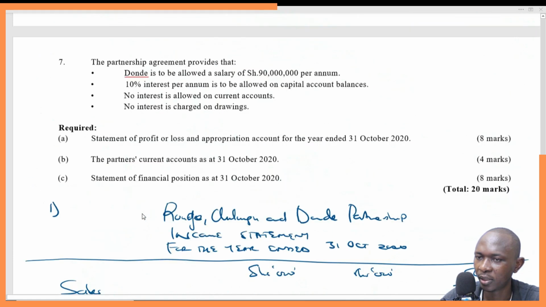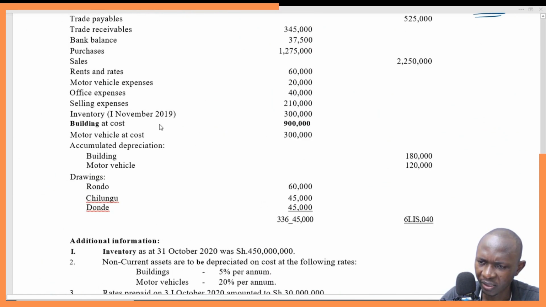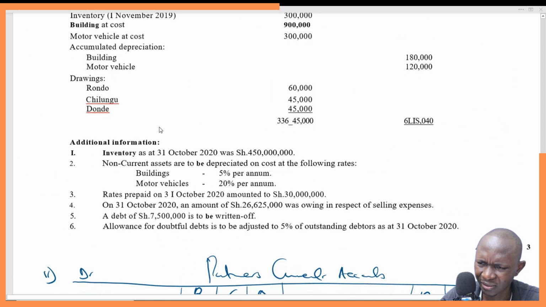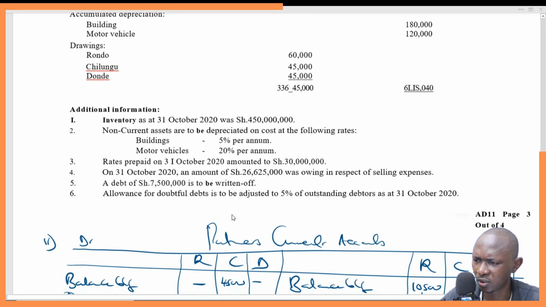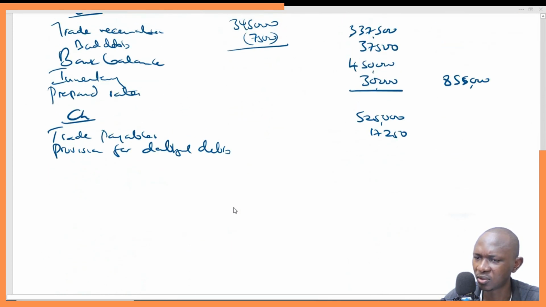Then we have, I don't think we have any other thing. I have this amount owing. This was selling expenses owing, 26,625. Selling expenses owing, outstanding. This is accrued.